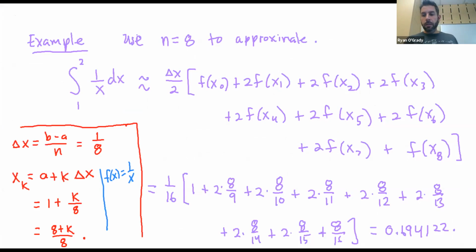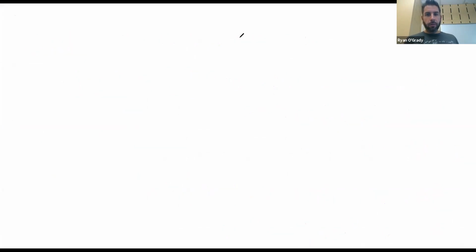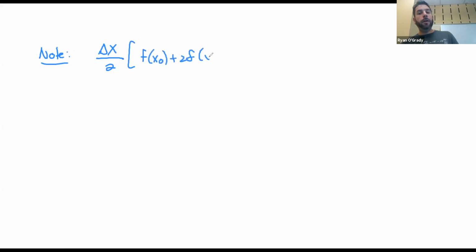So here, let me illustrate again, because the question was that yesterday you had 1/4 out front, but I wrote the formula differently yesterday. So here's what you need to note. Delta x over 2 times f of x sub 0 plus 2 f of x sub 1, all the way up to 2 times f of, let's say, the 7th. Let's just say we're doing it for 8 here.